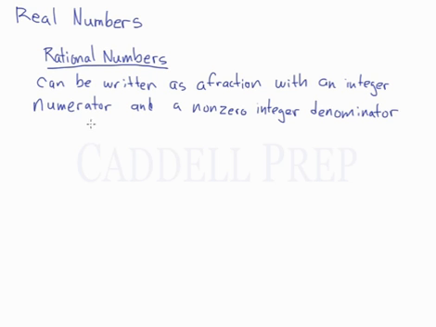So rational numbers can be written as a number over a number, and this one can't equal 0.